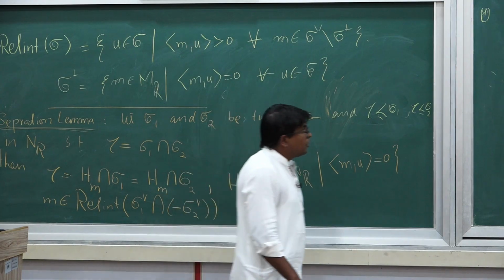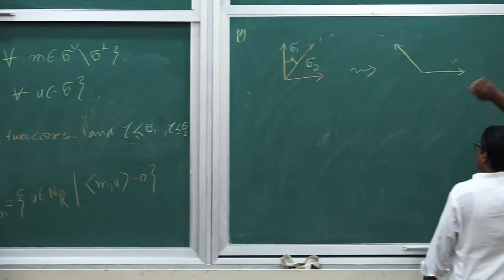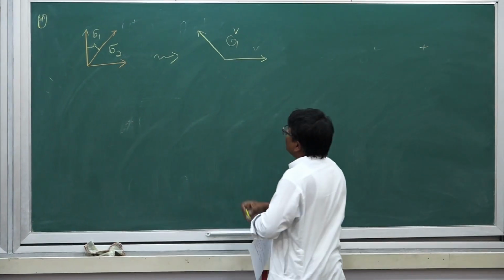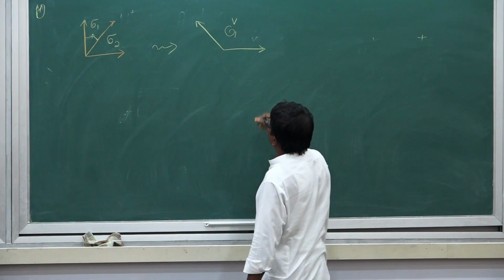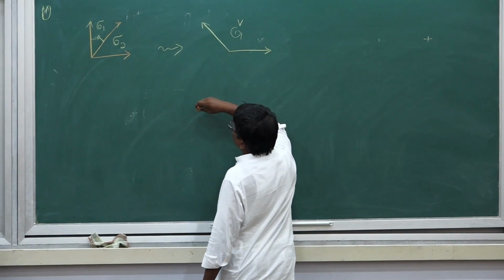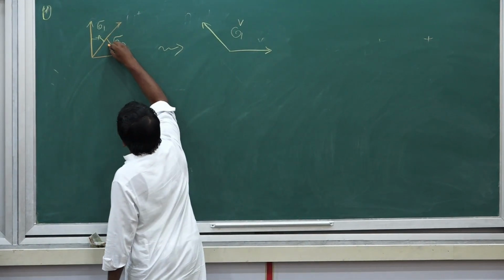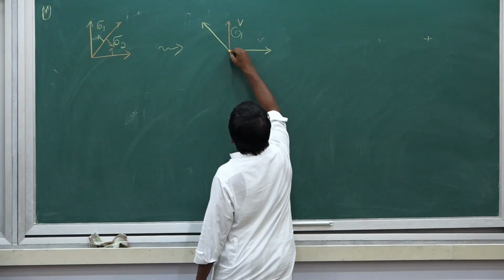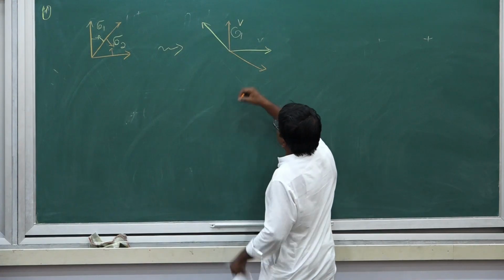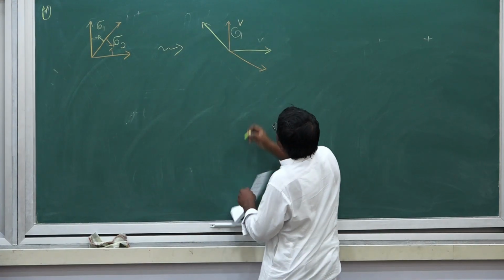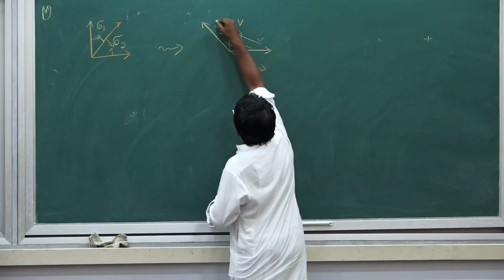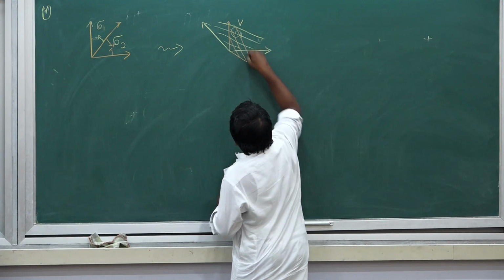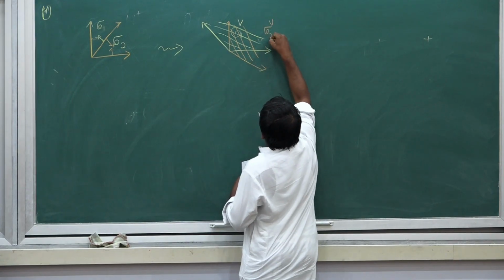Okay. Sorry. So, this is your sigma 1 dual. Okay. And now the sigma 2 dual would be what? Sigma 2 dual would be this. So, this and this. Okay. So, let me just paint them. This would be sigma 1 dual and this would be sigma 2 dual.